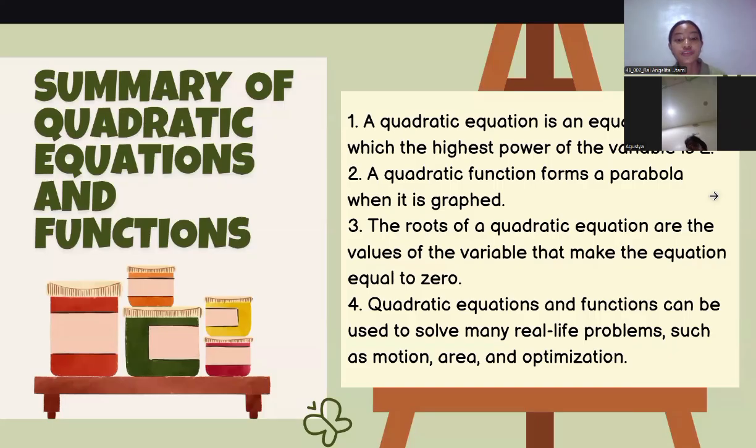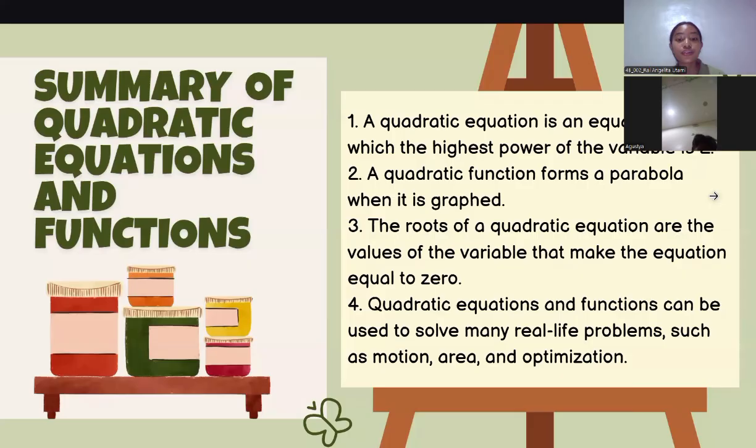We have reached the end of our lesson today. To wrap things up, let's look at the summary of quadratic equation and function on this slide. First, remember that a quadratic equation is defined as an equation where the highest power of the variable is 2. Second, when we plot it on a graph, a quadratic function always forms a beautiful shape called a parabola.